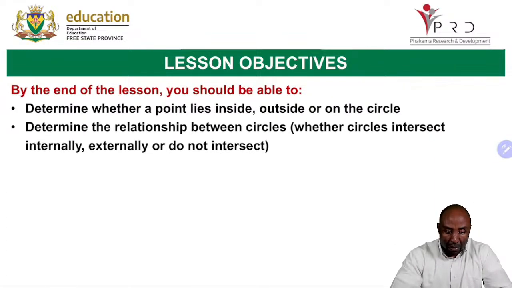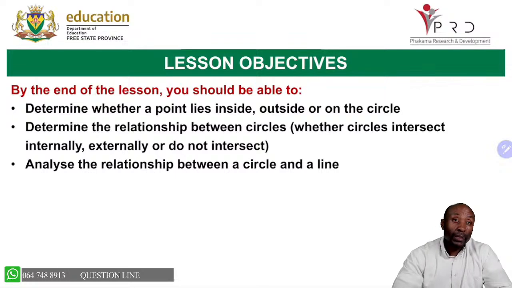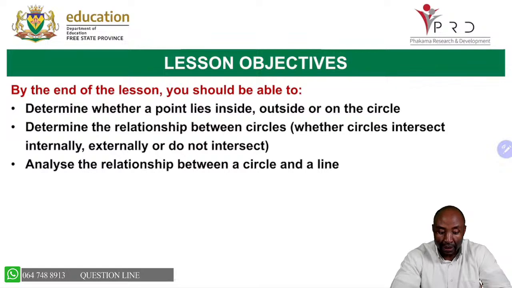Now, we also have to determine the relationship between circles, whether the circles intersect internally, externally, or do not intersect. We also have to analyze the relationship between the circle and the line, whether the line is a secant, meaning it intersects the circle at 2 points, or the line is a tangent, or the line does not intersect the circle.